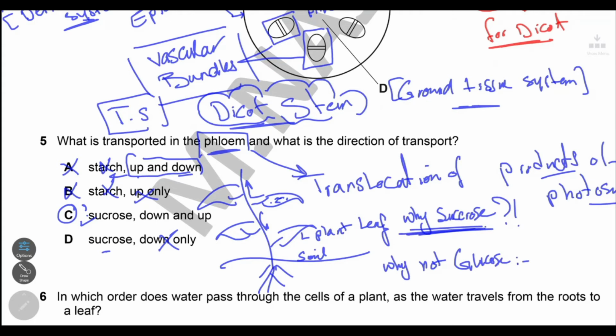Because sucrose is less reactive. So it is easily translocated without being used up by the cells.